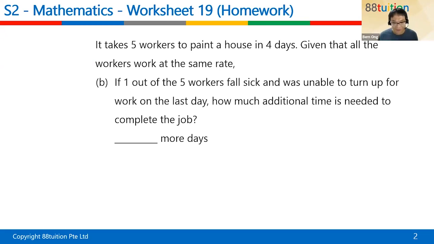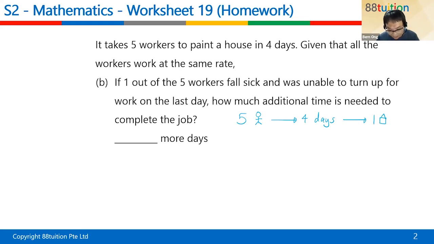All right. So part 2, part B. It takes 5 workers to paint a house in 4 days. Same question. So 5 workers are required 4 days to paint one house. Okay?